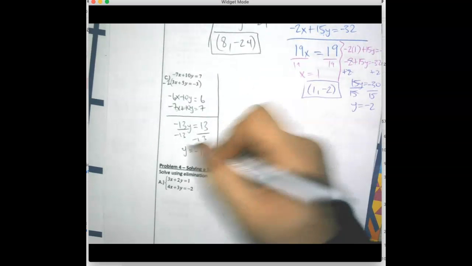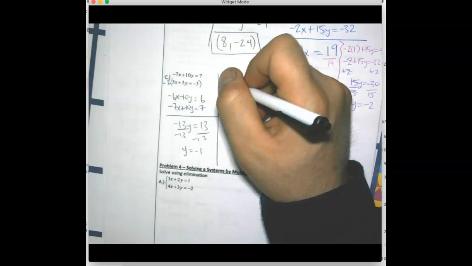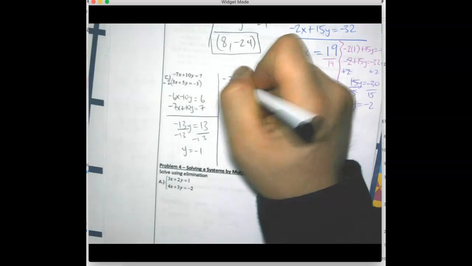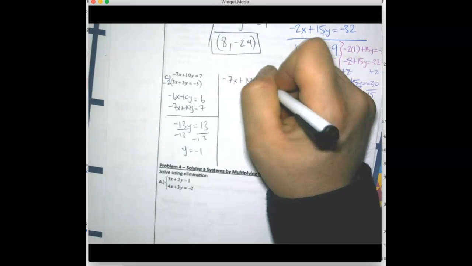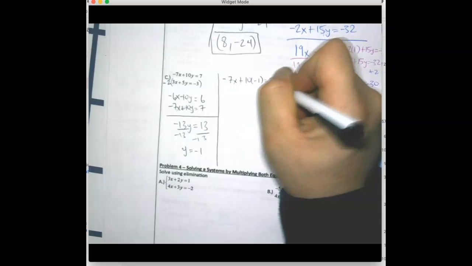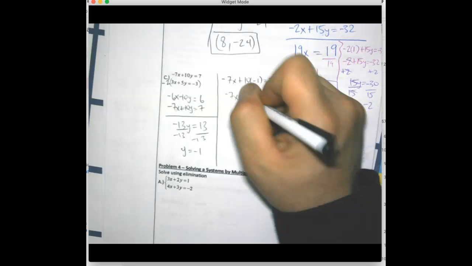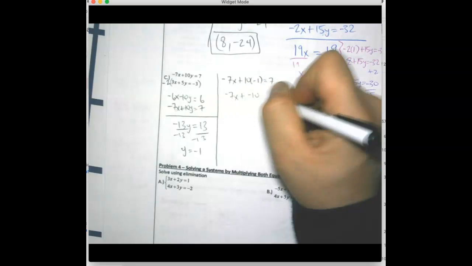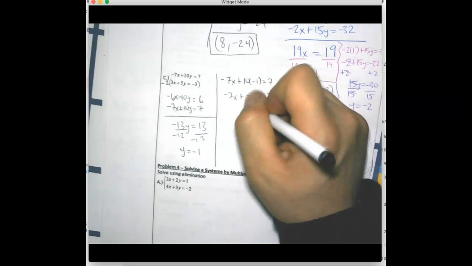Take that y equals negative 1, plug it into one of these original equations. Let's use the top one, negative 7x plus 10y, so plus 10 times negative 1 equals 7. Negative 7x plus 10 times negative 1 is negative 10. Add 10 to both sides.